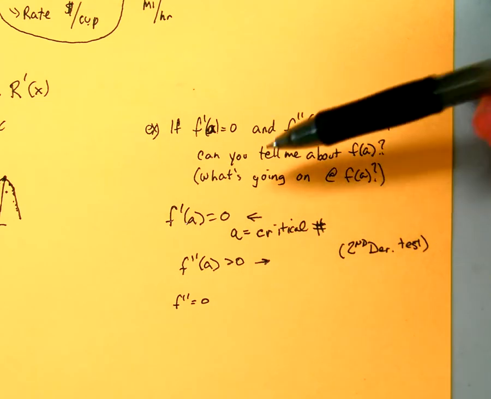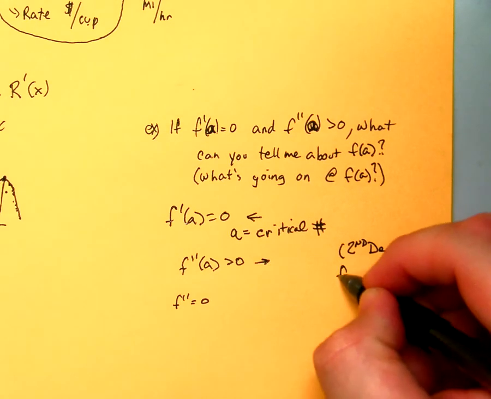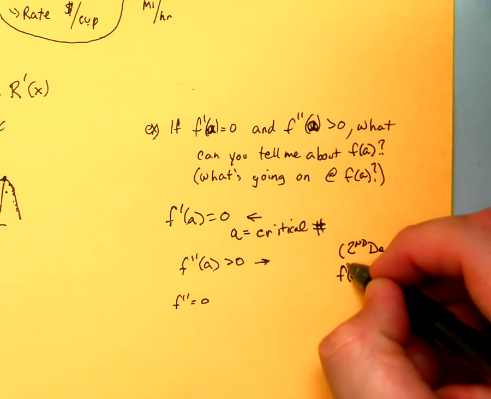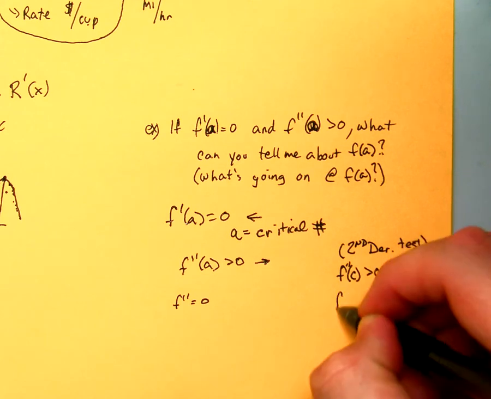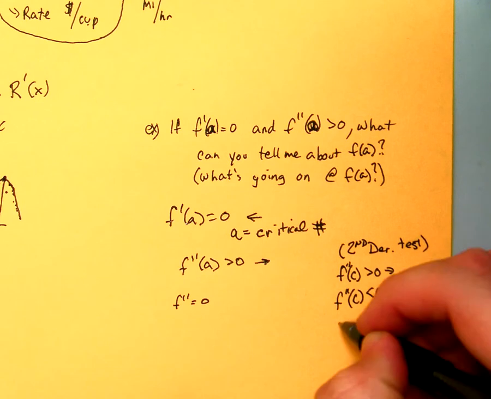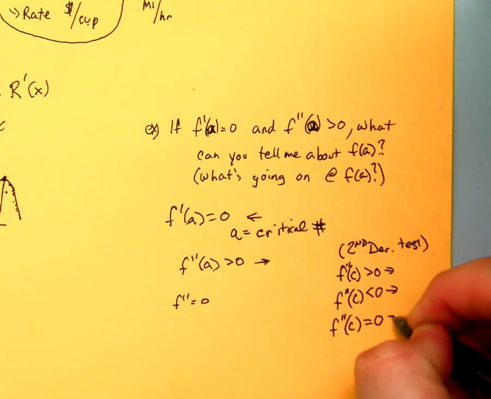When you have what we call the second derivative test, it tells us something if f double prime of the critical number is greater than 0. If f double prime of the critical number is less than 0, it's going to tell us something. Or if f double prime at the critical number is equal to 0, it's going to tell us something.